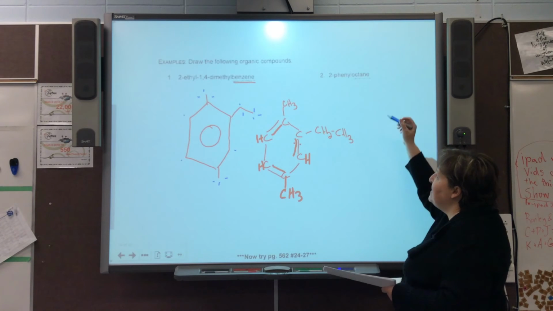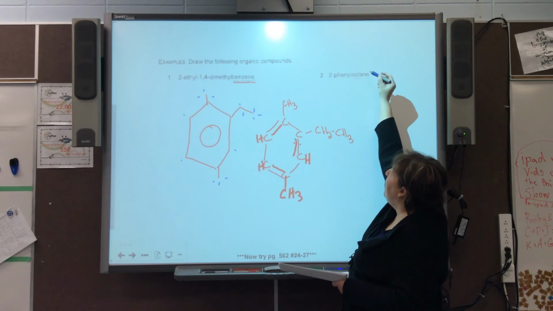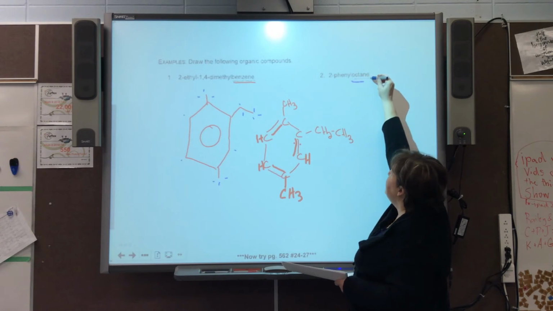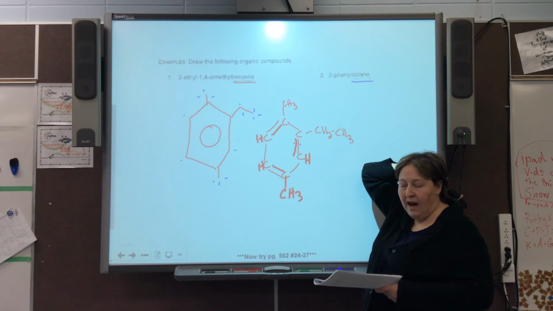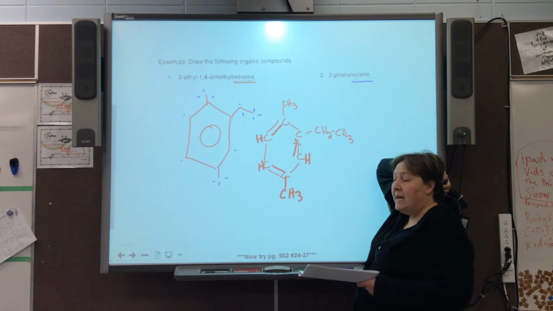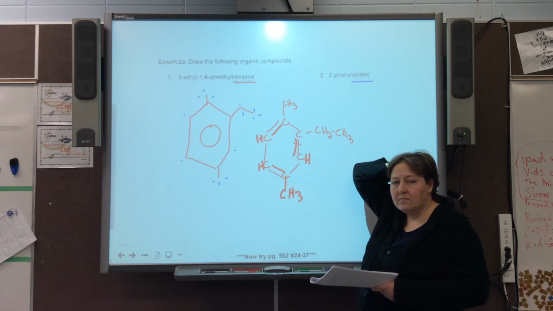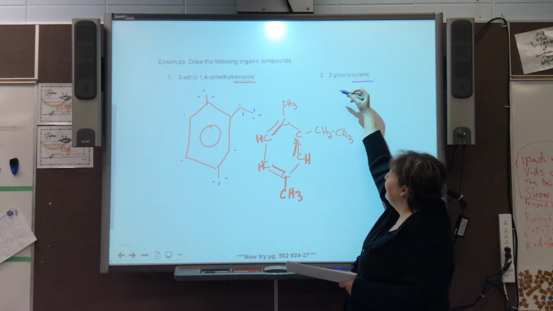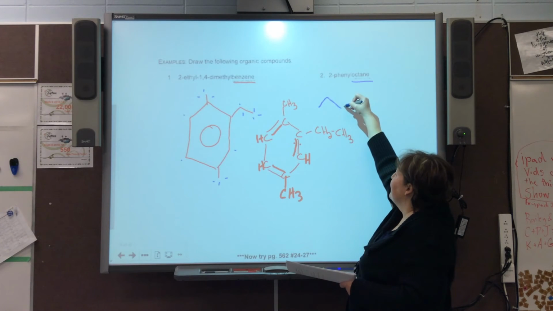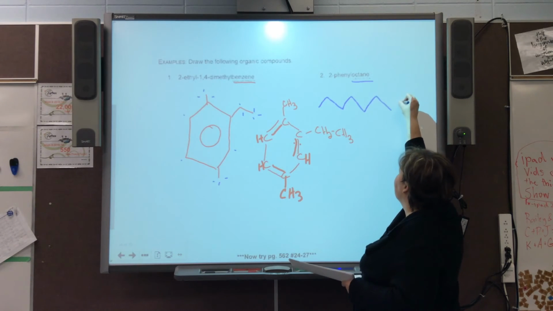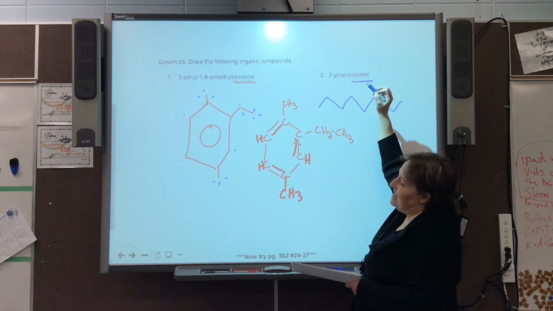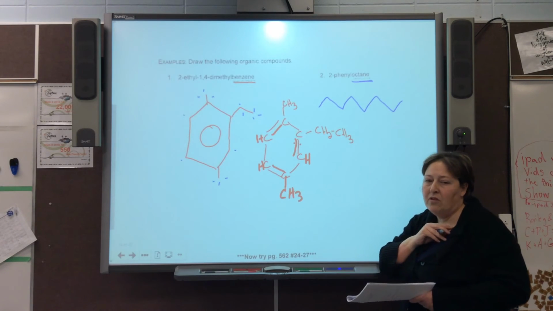Okay, this one here says 2-phenyl octane. This is our root, which means what? 8 carbons. In what kind of a chain? Normal. But it says A-N-E, so there's no double or triple bonds.